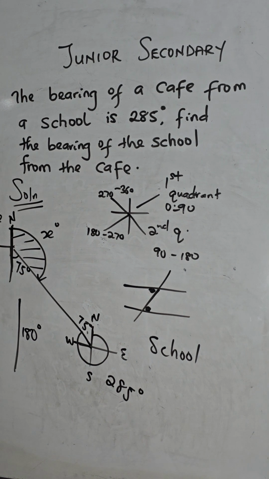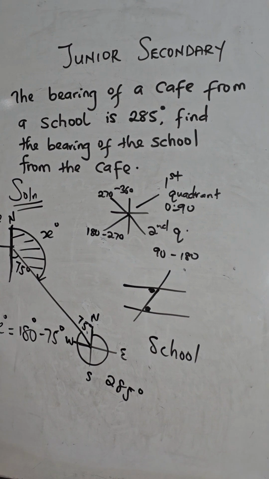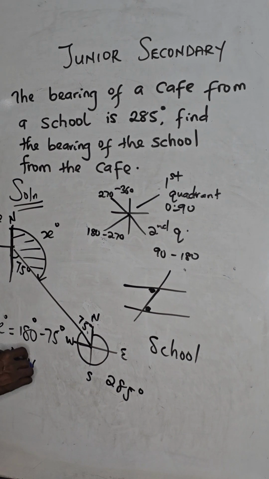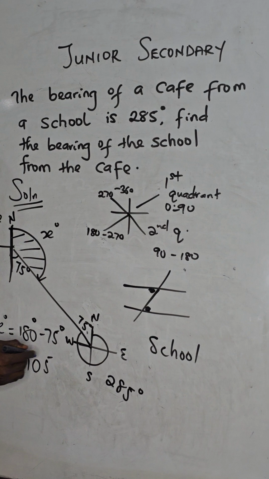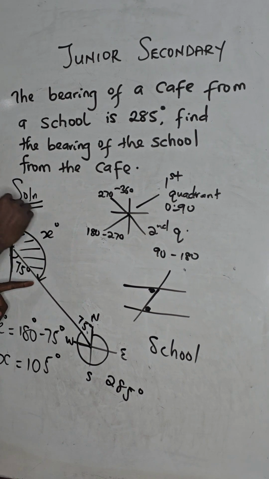To get all of that missing part, which is x, is simply 180 minus 75, the 75 that is known. x equals 105. So x is 105 degrees. So the bearing of the school from the cafe is 105 degrees, from the north of the cafe to where it touches the line, this region.